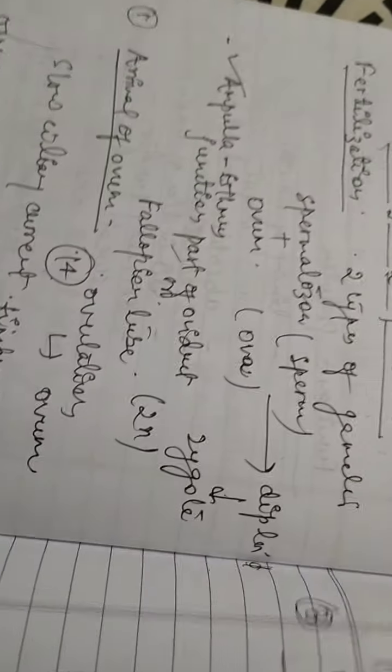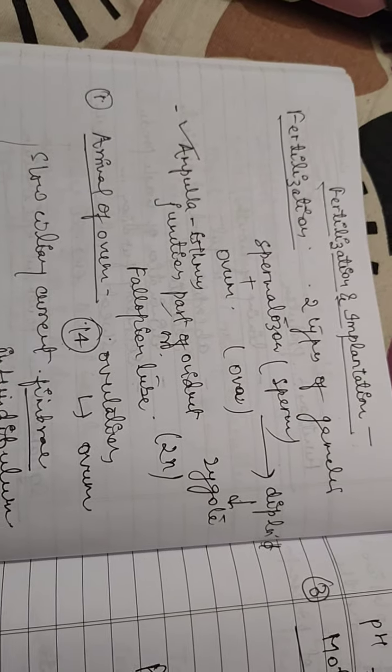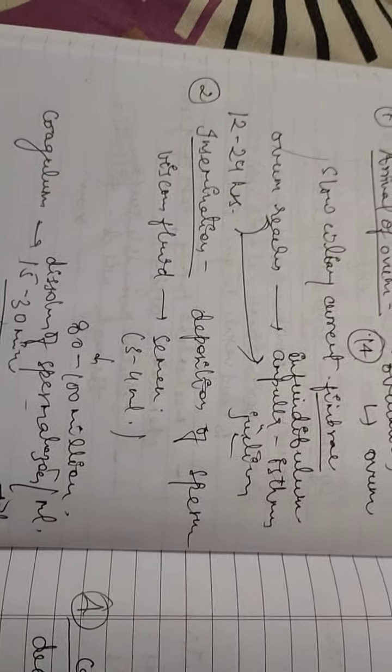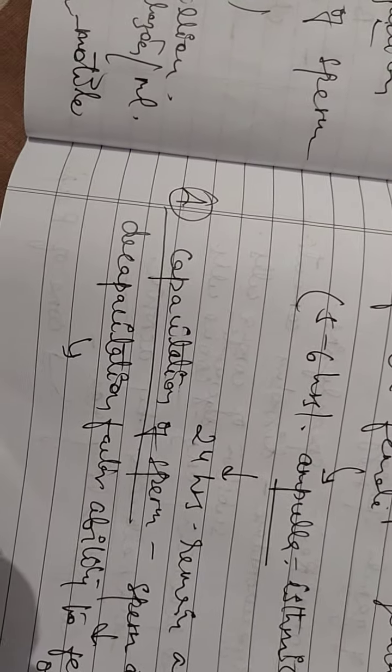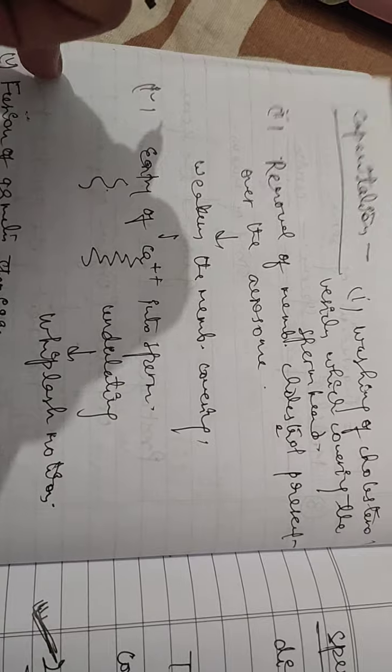This I will explain further. So this is all about fertilization and implantation. In fertilization, there are so many topics, like arrival of ovum, insemination, then motility of sperm, then capacitation of sperm, and fusion of gametes.